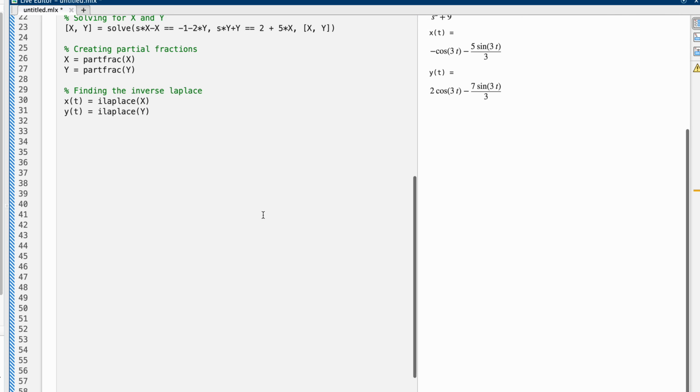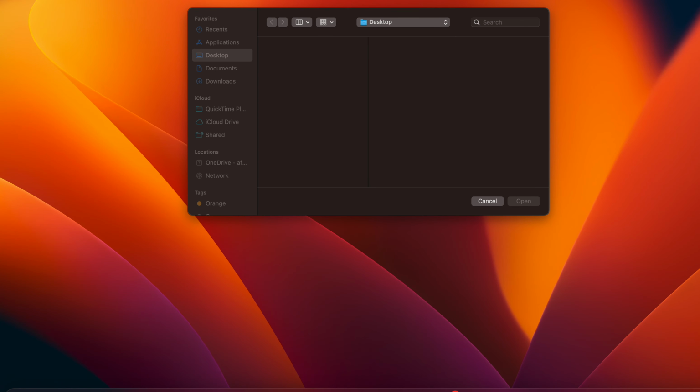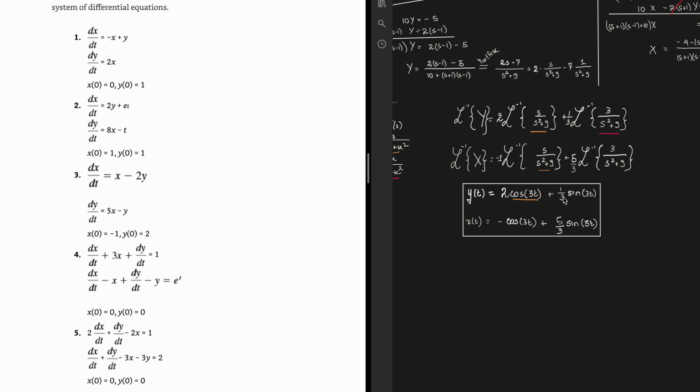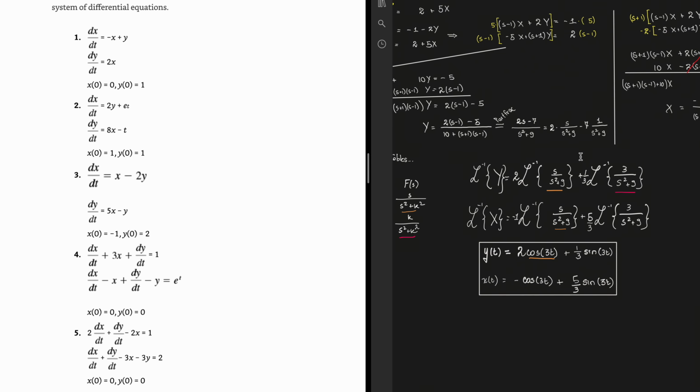Because I had this guy right here. You see how I have 1, 3? And why do I have 1, 3? Because here I just forgot to bring the 7 down and the negative down. So this should be brought back here. And then everything checks out and we get the same answer as Matlab.